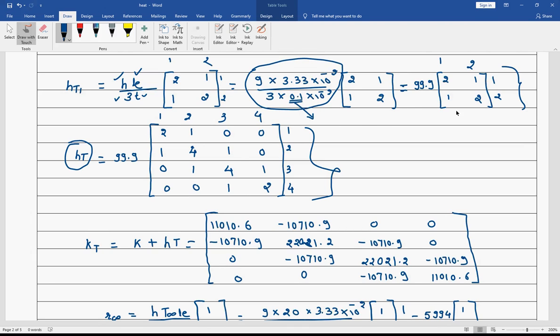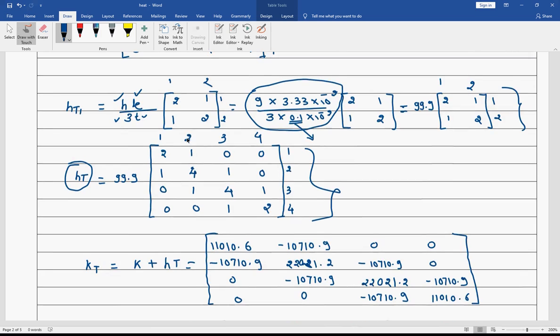So HT is the same. It is not going to change because these are dimensions that are not going to change. Okay, these are basically the resistance or the stiffness of an element. This does not dictate how much heat is going to transfer. It is the resistance of that element, how it is going to resist the heat flow, and that resistance depends on the property of elements and the dimensional values of that element.